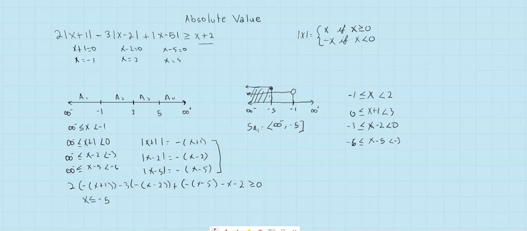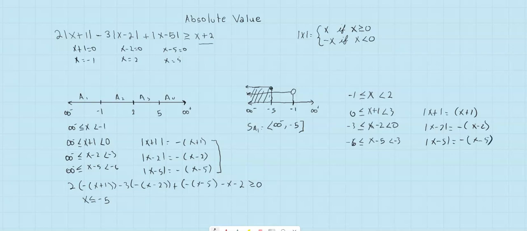Now, all you need to do is put the absolute value of x plus 1, and it's positive, so it's going to stay the same. Then the other one is x minus 2, and it's going to be negative because it's between negative 3 and 0. And your other one, x minus 5, is also negative because it's between negative 6 and negative 3.